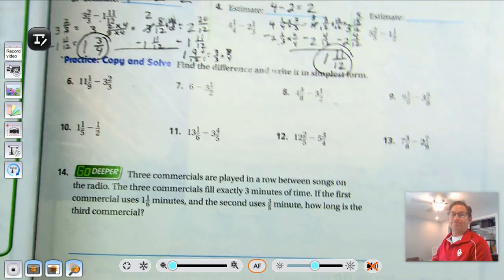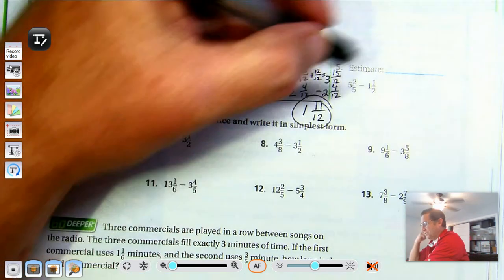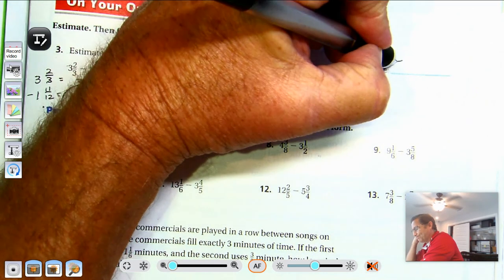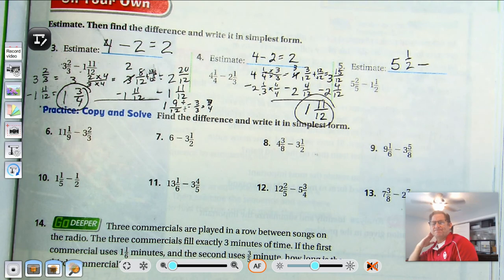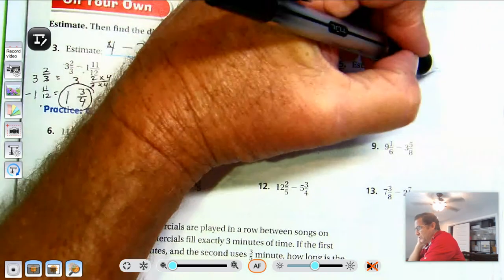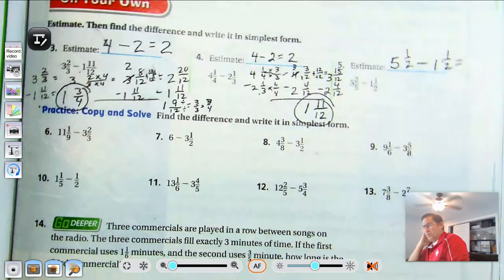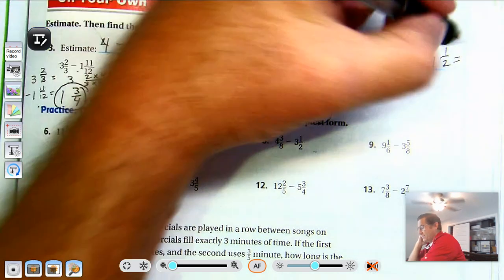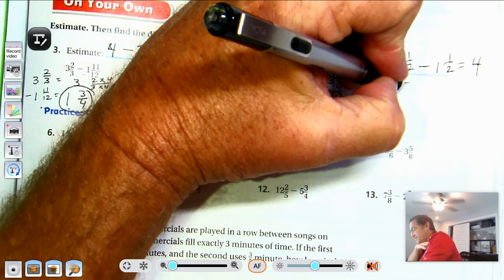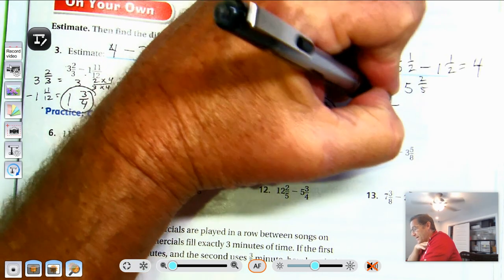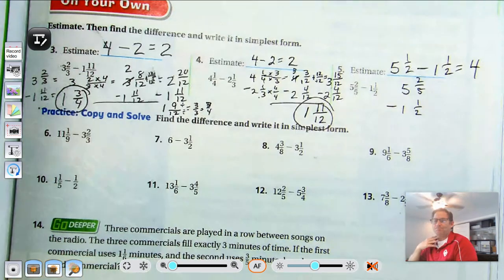Number 5. 5 2/5. Well, that's close to 5.5. And 1 1/2, I'll just use 1.5. So 5.5 take away 1.5 leaves me 4. All right, 5 2/5 minus 1 1/2.